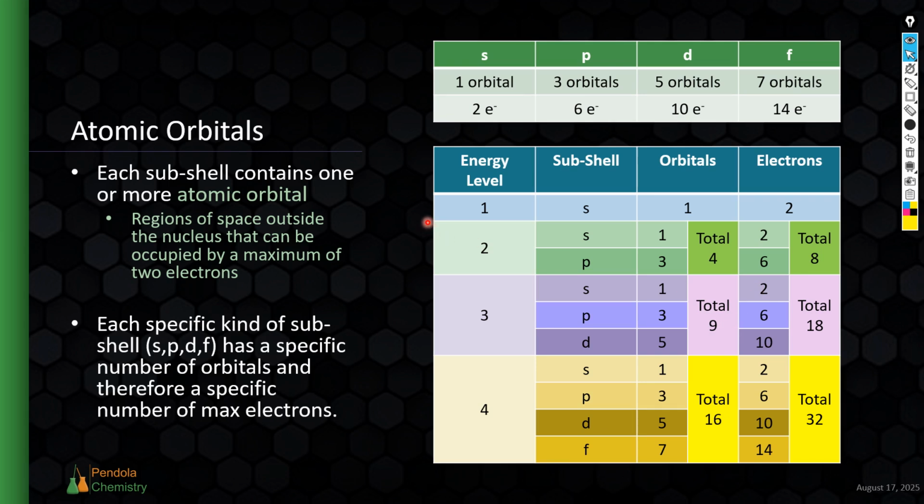The idea here, and I want to make a very strict point here, is don't memorize this chart. What you want to memorize is how many sublevels are in each energy level and how many orbitals in each sublevel. From there, you should be able to figure out through logic and critical thinking any question they ask you. If you memorize this chart, it's actually going to take you longer to answer questions, because then you'll have to remember the chart, maybe draw it out, look for the number you're looking for, and then answer the question.